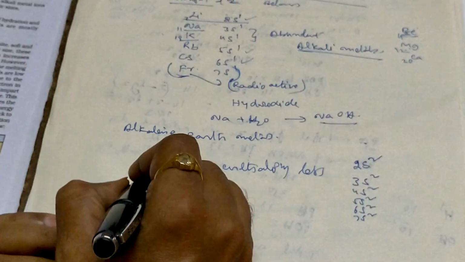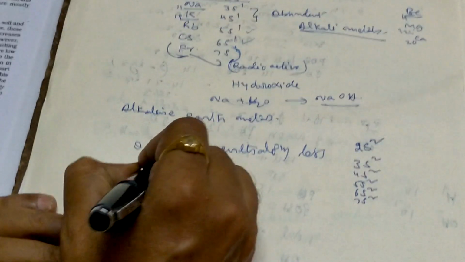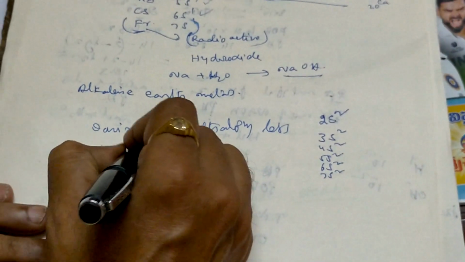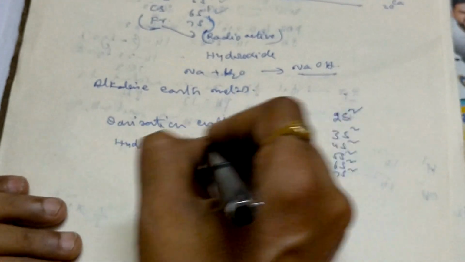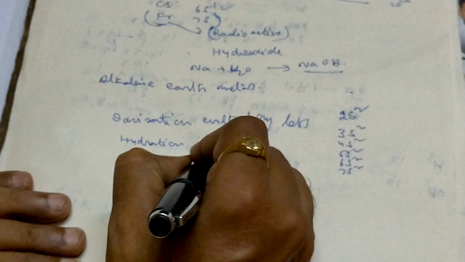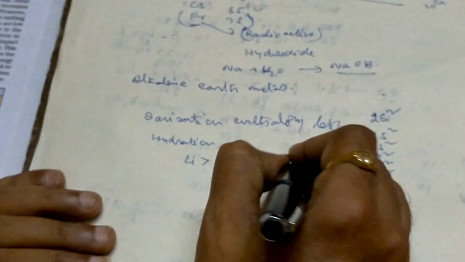Ionization enthalpy means losing an electron. Hydration enthalpy is highest for lithium, then sodium, then potassium, rubidium and then cesium.